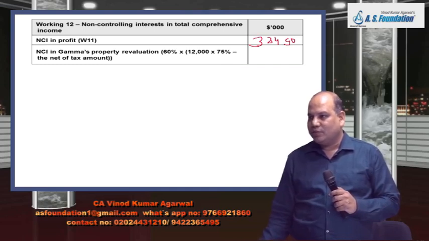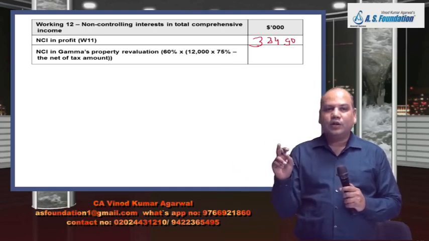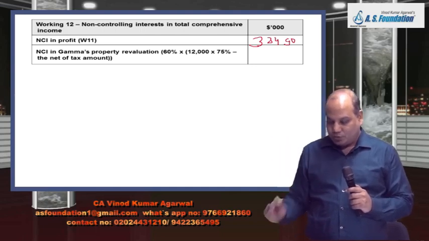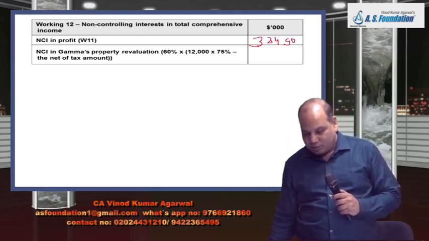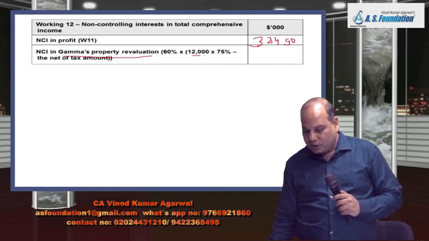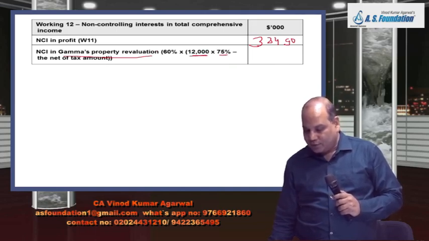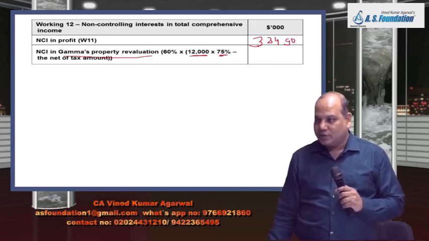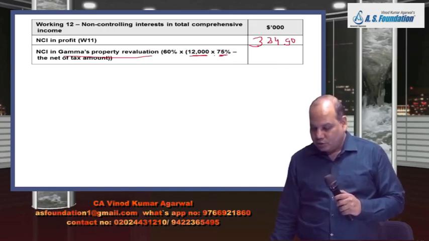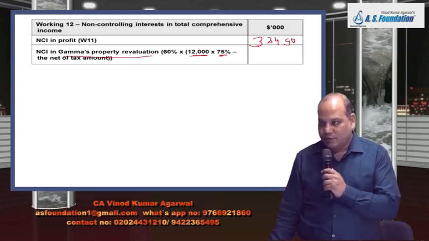You don't have to struggle full. That figure you take. In OCI only identify subsidiary item. So subsidiary has only one item, gamma, property revaluation. Property was revalued upward by 12,000 minus 25% deferred tax implication. So either you write 12,000 minus 25% or you write 12,000 into 75%.